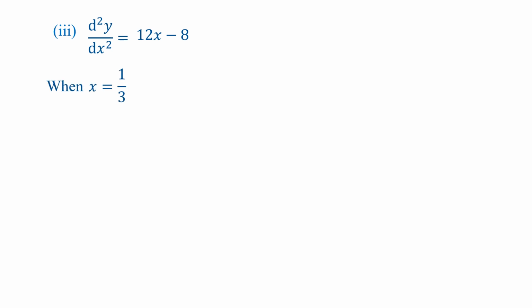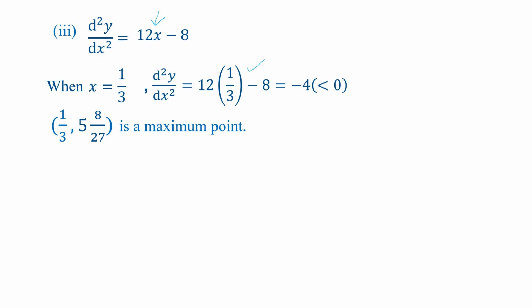You start off by, when x is 1/3, you sub x equals 1/3 here to get this, and then you get -4, which is a negative value. So therefore (1/3, 5 8/27) is a maximum point.